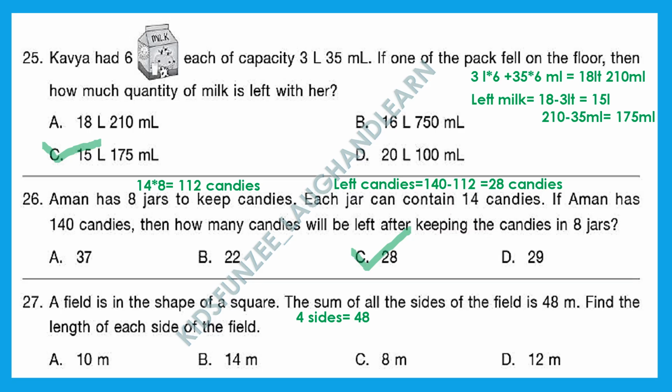Because the sum of all the sides is written as 48. Side 1 plus side 2 plus side 3 plus side 4 is equal to 48. So if 4 sides sum is equal to 48, then one side would be 48 by 4, which is equal to 12 meter. Here the right answer is option D.